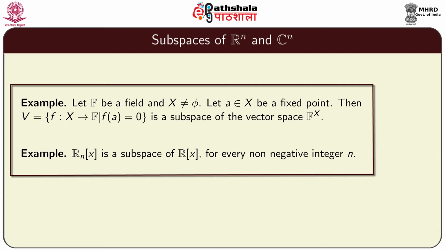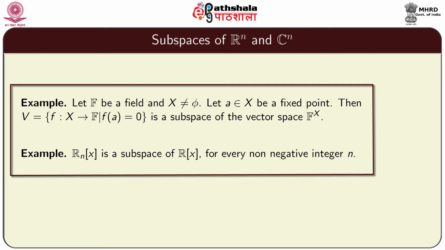Let us now look at the subset consisting of those functions from X to F which vanish at a fixed point a. That means the collection of all f from X to F such that f of a is 0. This is surely a subset of F to the power X. Not just that, this is also a subspace.